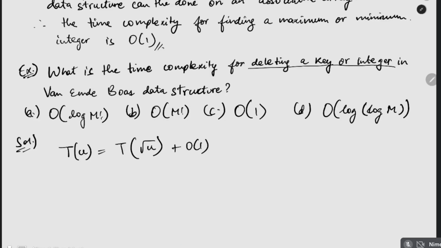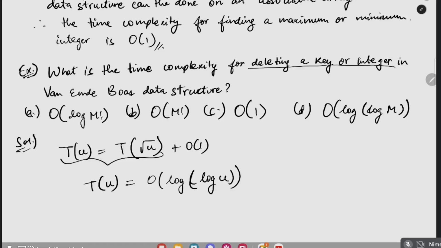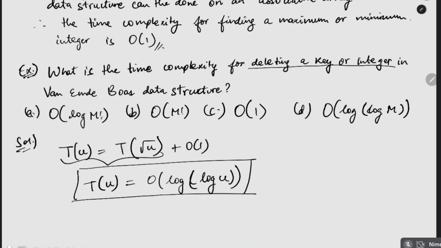So solving this recursion, we will get the time complexity for search and basically insertion or deletion is log of u, right? Where u is the size of the universe. So in this case, the correct answer is that the time complexity is of the order of log of u.